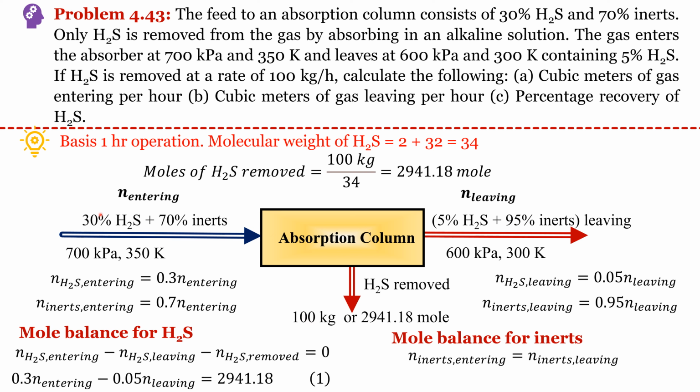So we will write the values: N inerts entering equals 0.7 times N entering, and N inerts leaving equals 0.95 N leaving. Now using equations 1 and 2, we can easily estimate N leaving and N entering, because we have two equations and two variables.